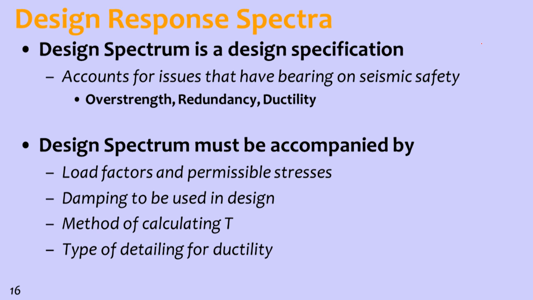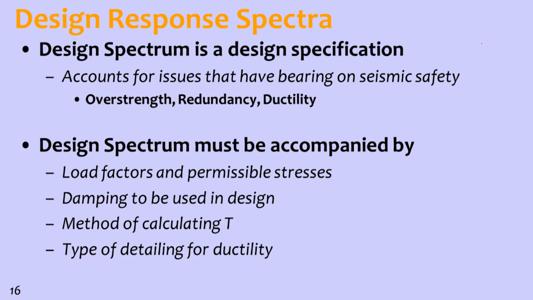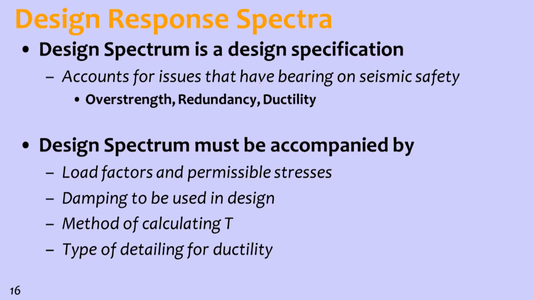Now, how do we construct a design spectrum from that? And what is the design spectrum? The plot given in IS 1893, the criteria for earthquake resistant design of buildings, is called the design spectrum. It is not a response spectrum. The design spectrum is a plot which comes from the response spectrum. It accounts for issues that have bearing on seismic safety, such as overstrength, redundancy and ductility.